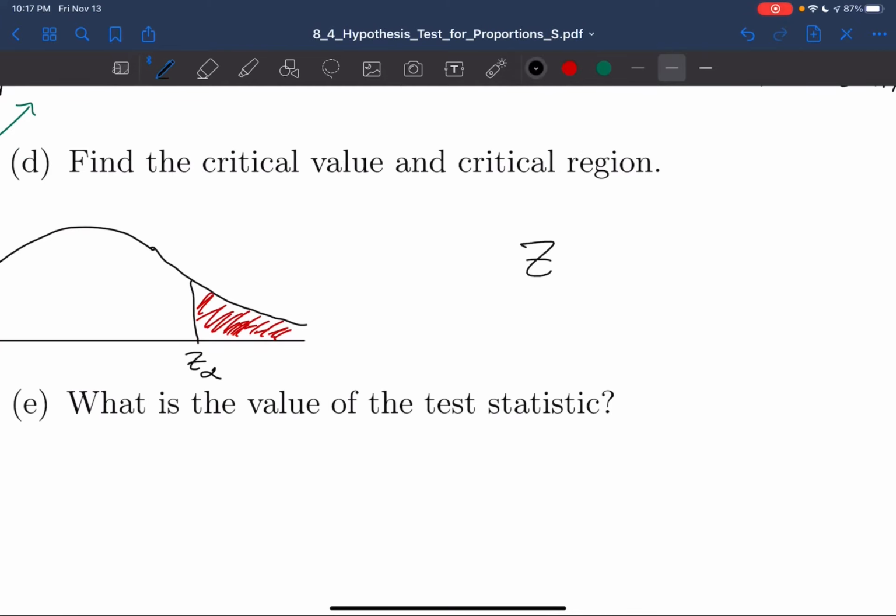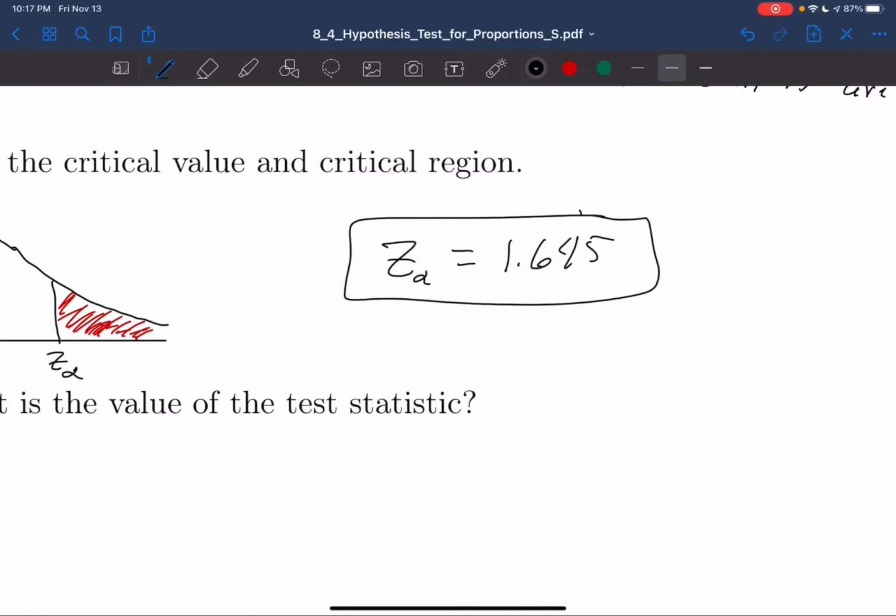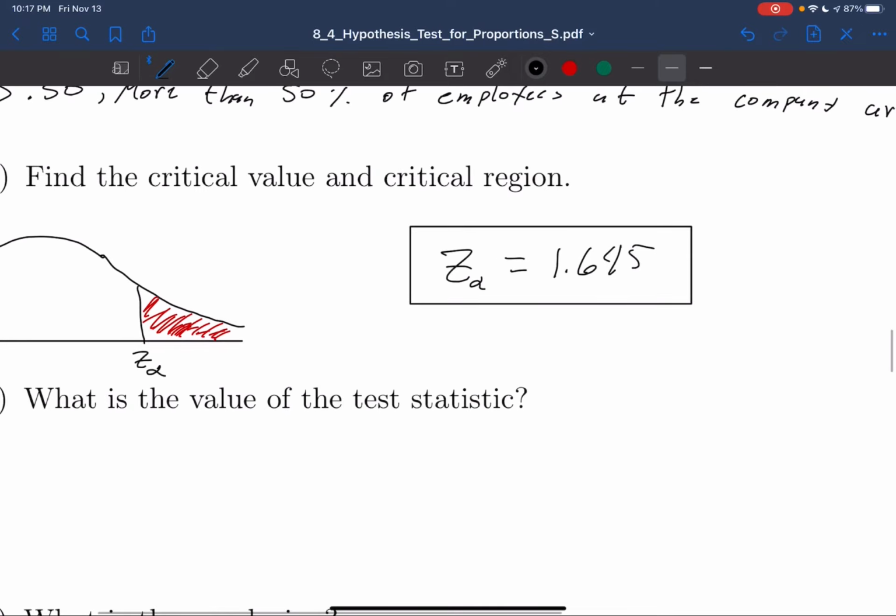So here z of alpha is going to be equal to 1.645. And again, it's the same process as we used in section 8.2 when we were dealing with hypothesis testing when sigma is known, when our population standard deviation is known.